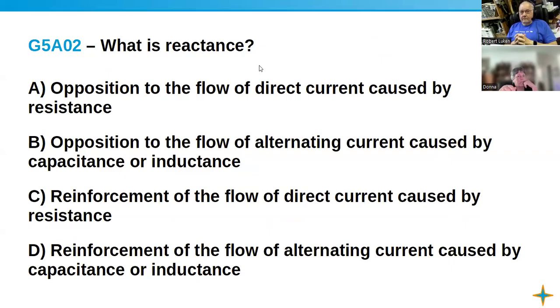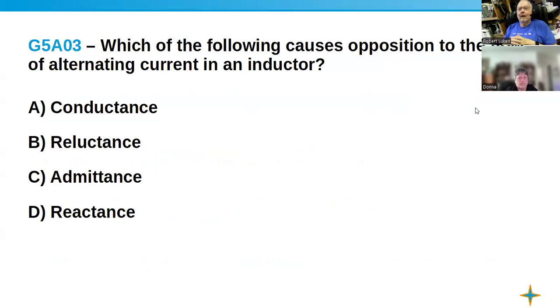Reactance is the opposition to flow of alternating current caused by inductance and capacitance. So I'm going to go with capacitance, inductance. Bravo. All right. Which of the following causes opposition to the flow of alternating current in an inductor? Reactance. That's what we talked about, the delta.